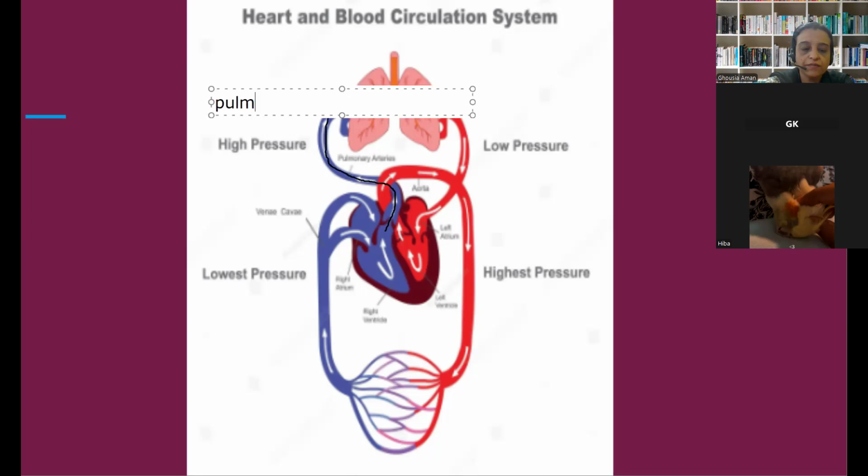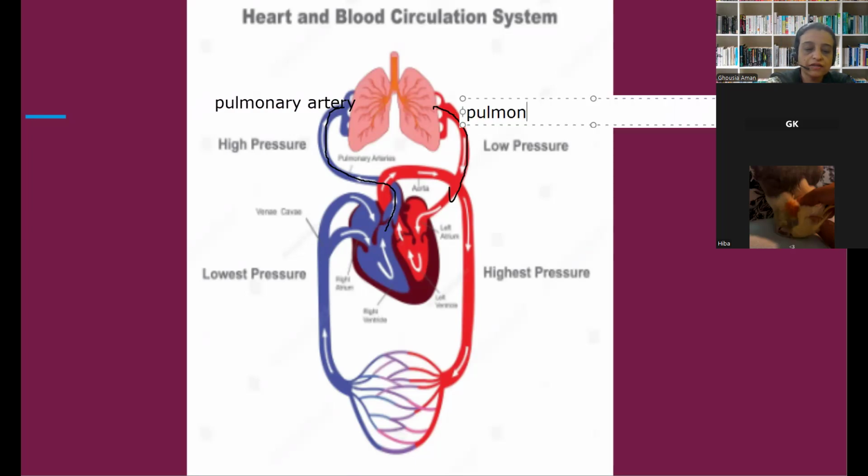Now the blood vessels which are bringing the blood back to the heart are called veins. So this one, see, it is bringing the blood back to the heart from the lungs. So since it is related with the lung, we can give it the name pulmonary vein.